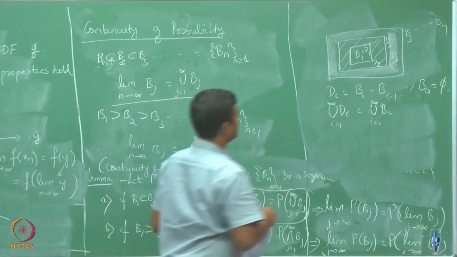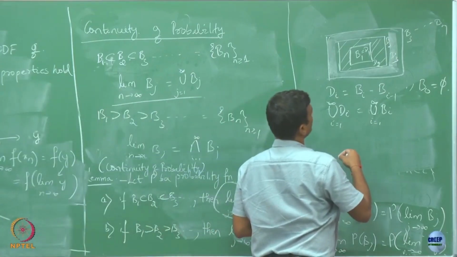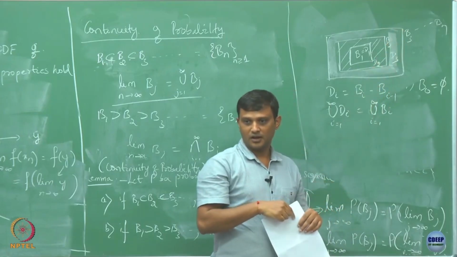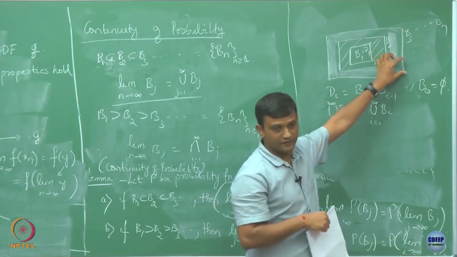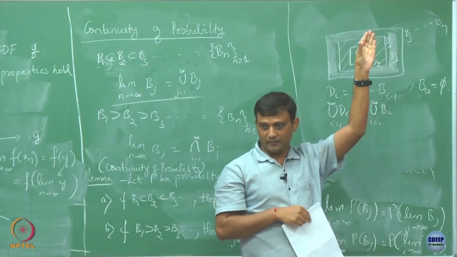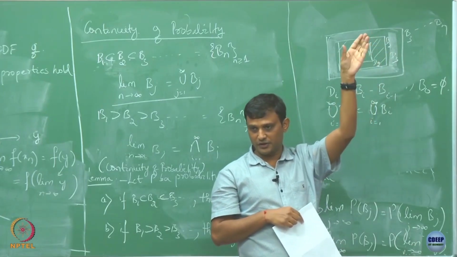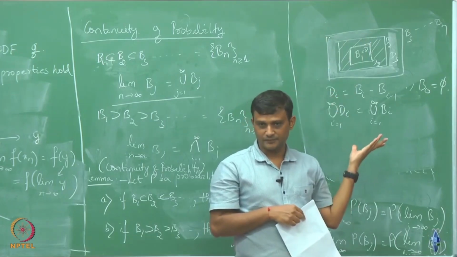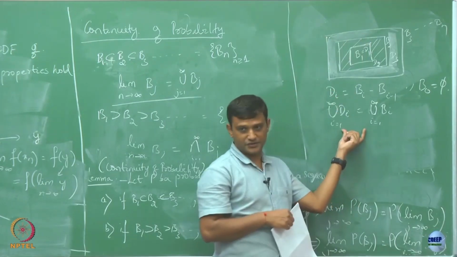You just take B1, B2, their union, or just take their difference, whatever the increment you get from B1 to B2 and B2 to B3. If you just take their union, you should get the same thing. But what's the difference between these two?